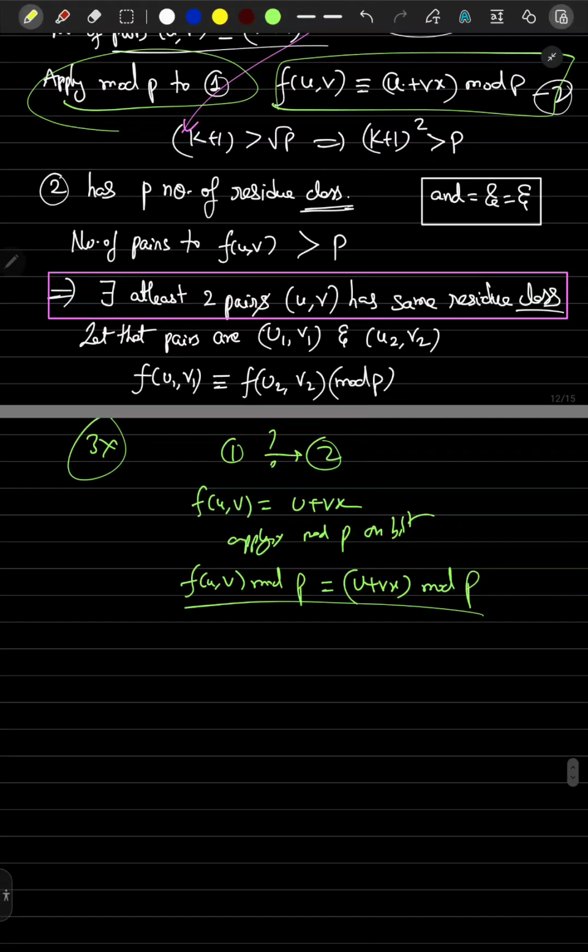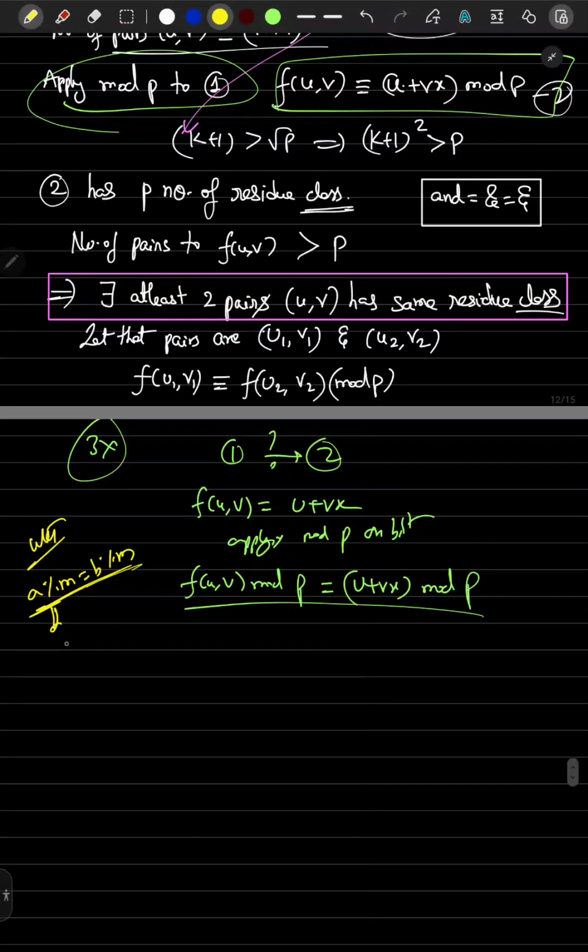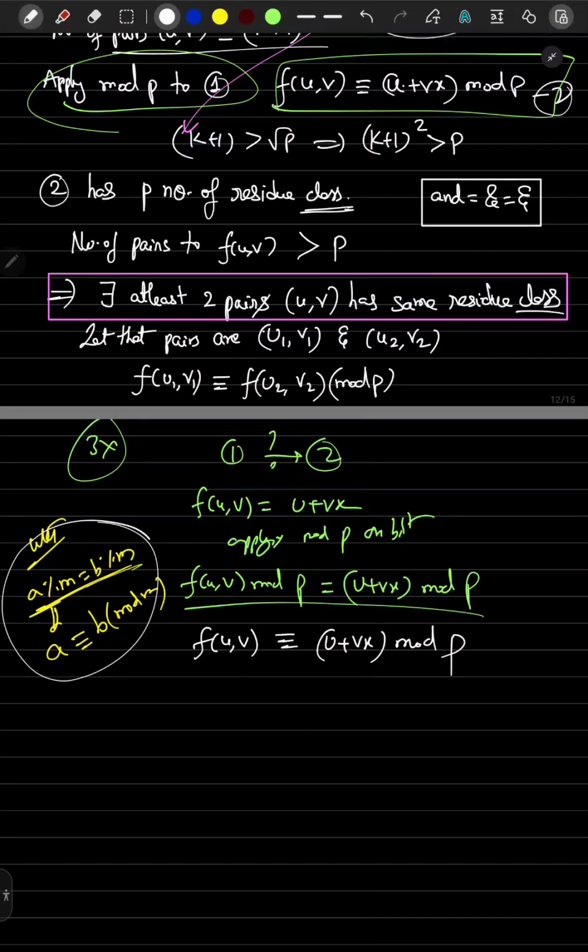We already know from yesterday's class that a percent m equals b percent m is another notation: a is congruent to b mod m. So p of u comma v is congruent to u plus vx mod p. This is the definition itself. Don't think so much, that is how mathematicians define it.